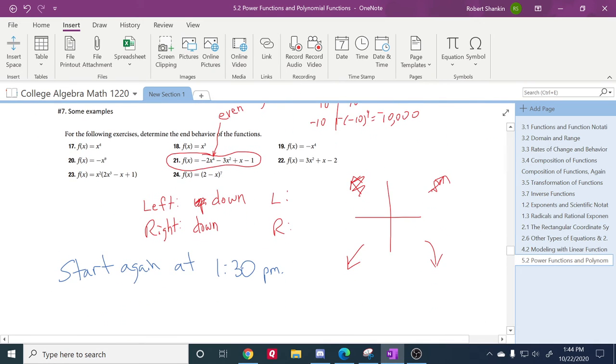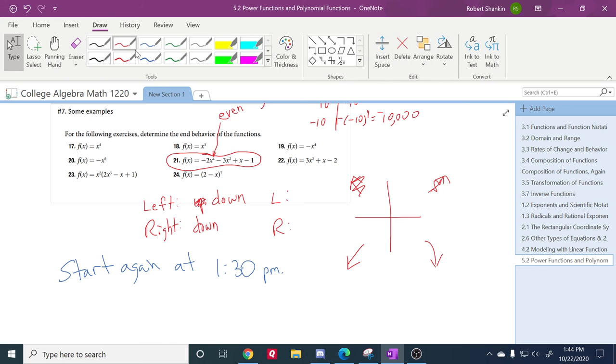All right, so let's go to this problem, number 22. Determine the end behavior.